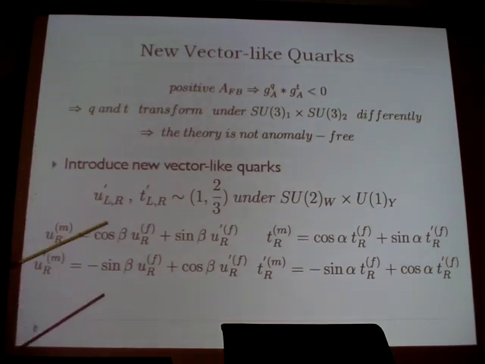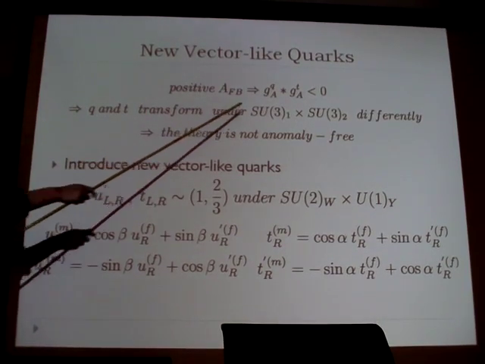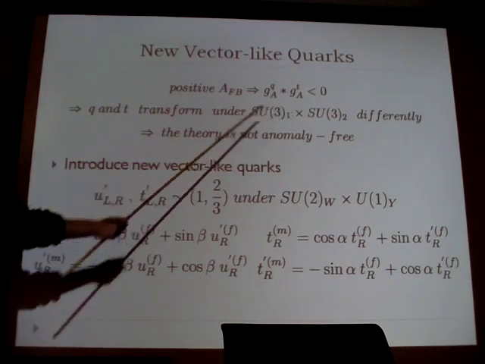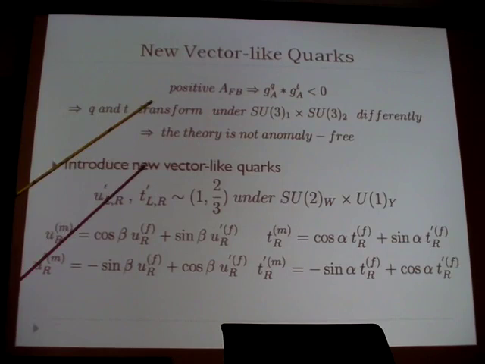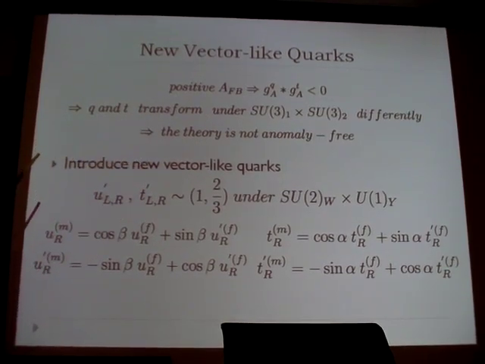Before, I said that in order to have a positive asymmetry, we need the product of these two couplings to be smaller than 0. That means the light quark and the top quark should transform under this new group differently, and that will give an anomaly if we do not introduce new particles.